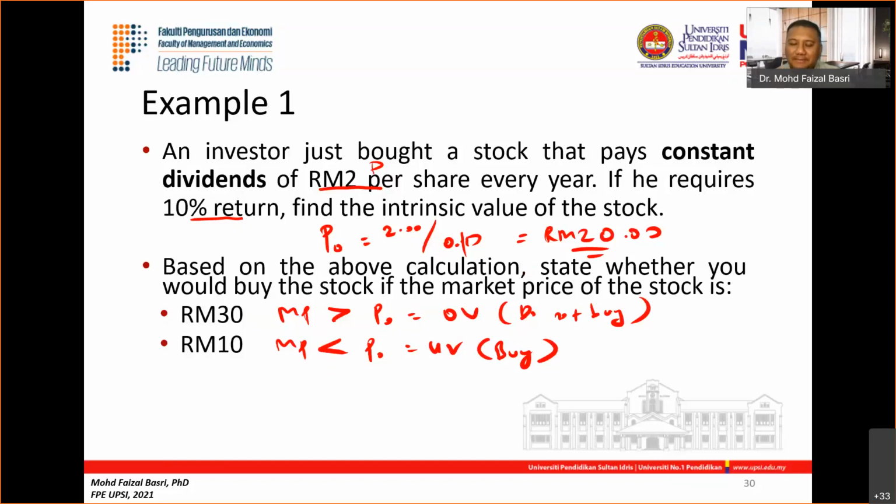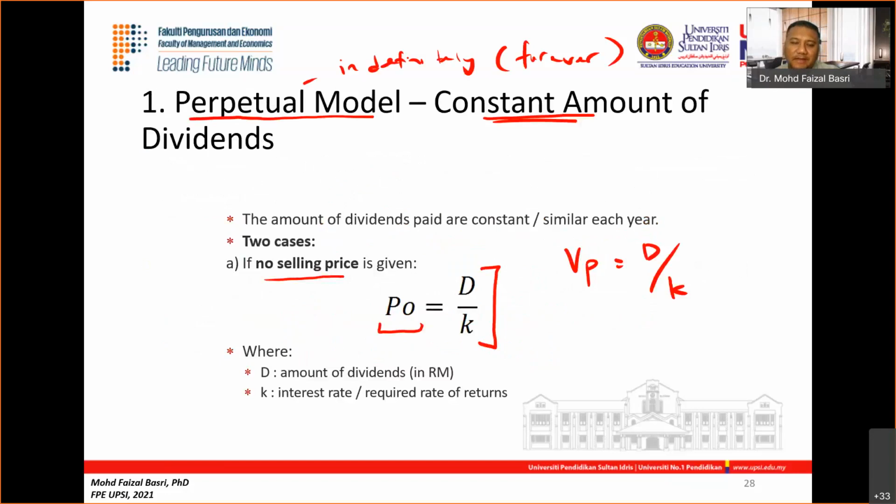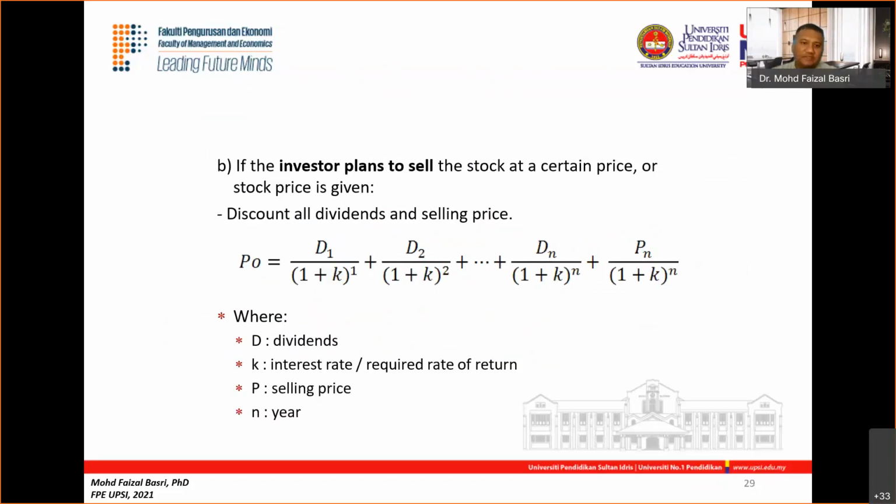Okay, and this is applicable for the first model if there's no selling price. But like I said, 99% of the time, they will give you a selling price. So therefore, most of the time, we're not going to use this formula. Instead, we're going to use this formula. This formula is very important because we're going to use it for multiple models.